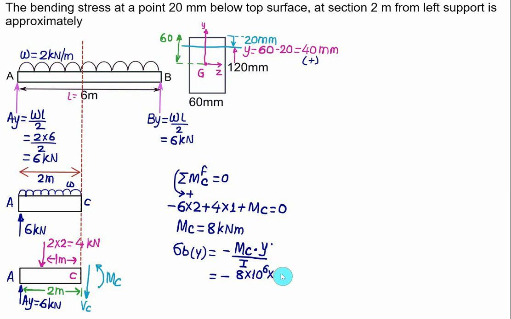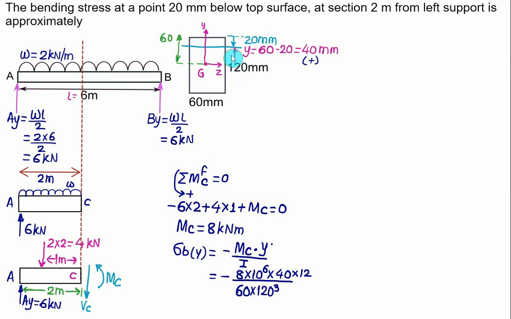Y will be equal to 40, and since we have a rectangular cross section whose width is equal to 60 and depth is equal to 120, we have 120 cube divided by 12, so 12 will shift to the numerator. In this fashion we can calculate this bending stress, and this answer is negative.